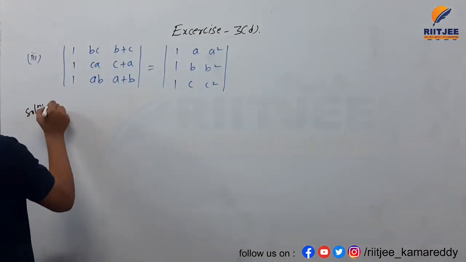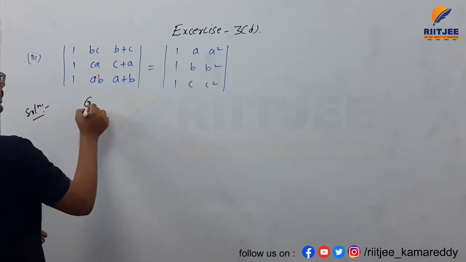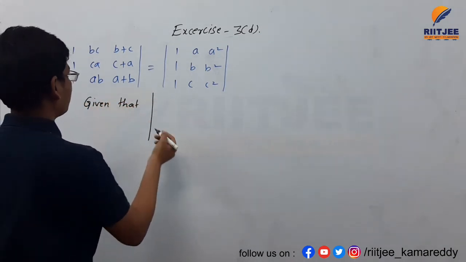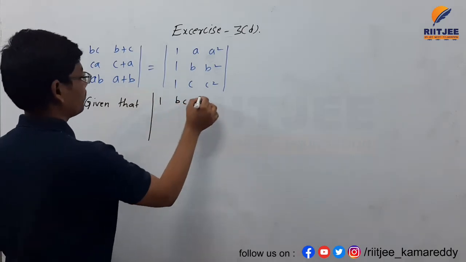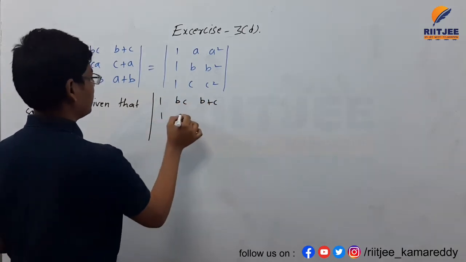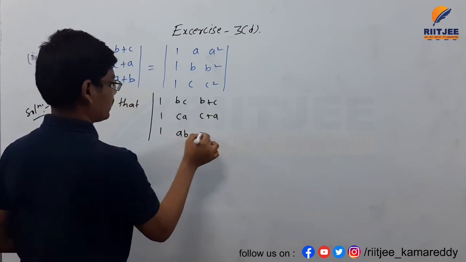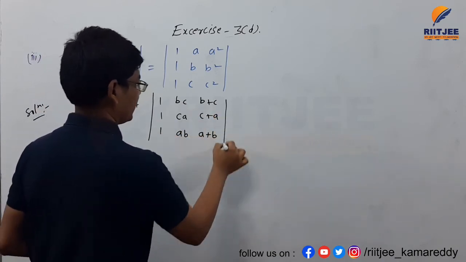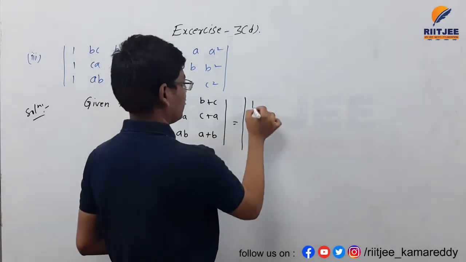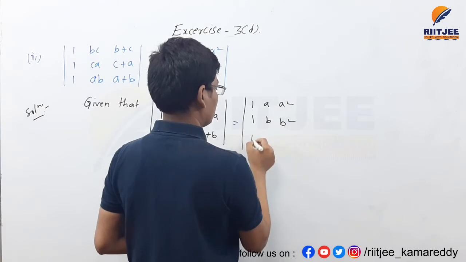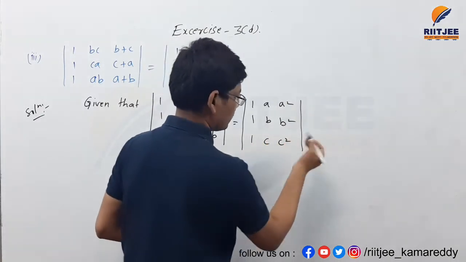and the next is the solution for this. So I am taking, given that, mod of 1, BC, B plus C; 1, CA, C plus A; 1, AB, A plus B, that is equal to 1, A square; 1, B square; 1, C square.